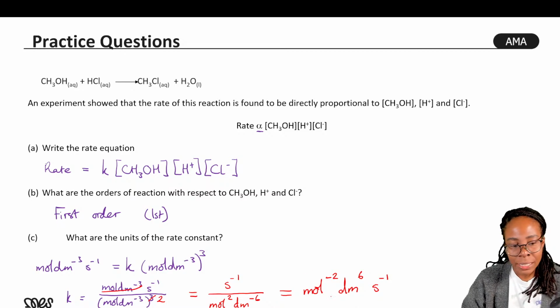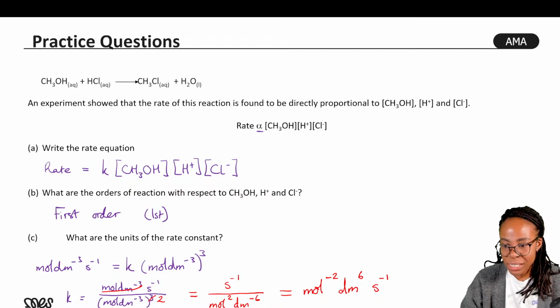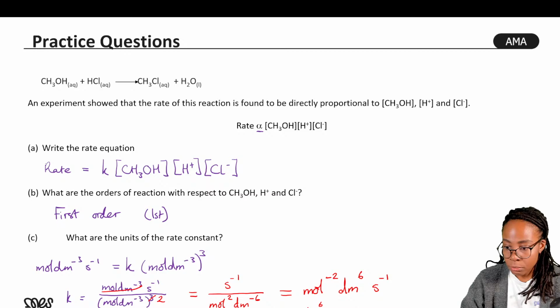Okay, sometimes you'll see the decimeters cubed and the moles written the other way round. So if you see it written as dm to the 6 moles to the -2 seconds to the -1, I mean, same thing.